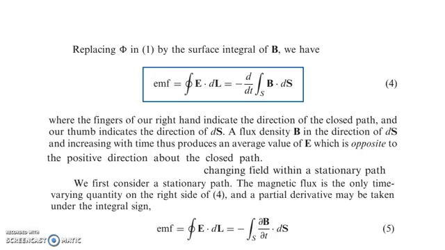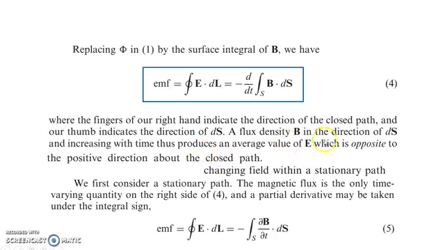So when we combine the results from the expressions of Faraday's law, you can write EMF, which we have defined as a closed integral along the closed path, equal to minus d by dt of the integration of B dot ds, where the fingers of our right hand indicate the direction of the closed path and our thumb indicates the direction of ds.